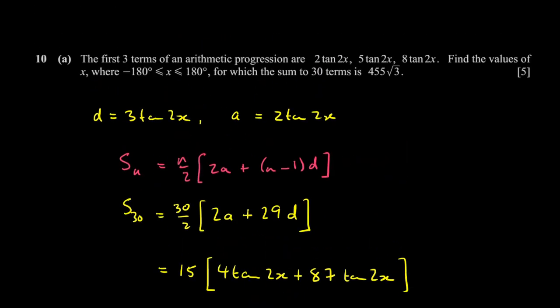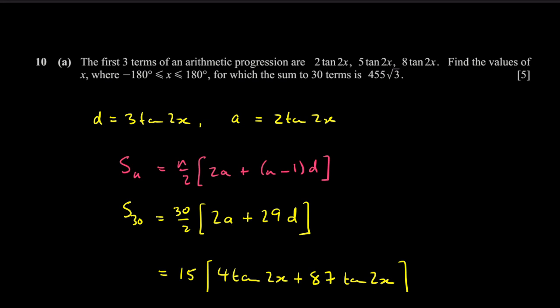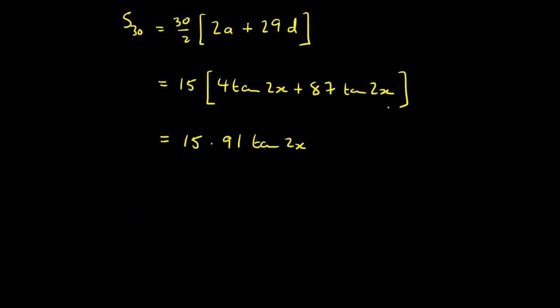Now we're told that this should be equal to 455 root 3. Okay, so that is begging to be factorized somehow. I will try to factorize that by 5 first. 450 divided by 5 is going to be 90, because 45 divided by 5 is 9.